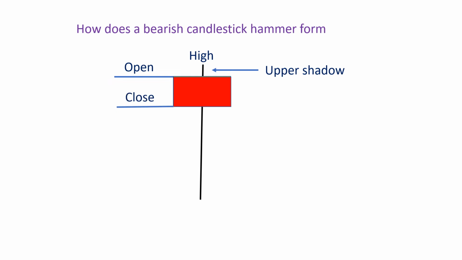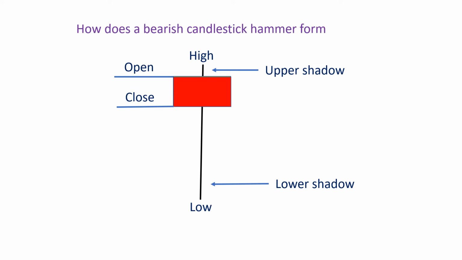The candle closes here and leaves a lower shadow representing the big bullish power, and this is the lowest price for the duration of the candle. So you see, although the color is red, the power of this candle is bullish.